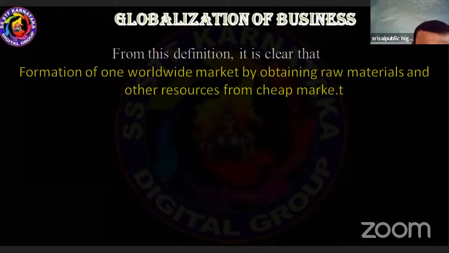For example, take Japan. It doesn't have many resources because its area is very small, even though it is importing a large quantity of raw materials from across the world, producing goods in its country and exporting those products to other countries. And after some time it does tie-ups with other multinational companies.